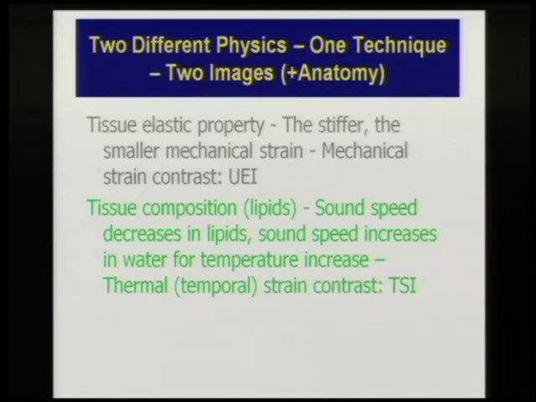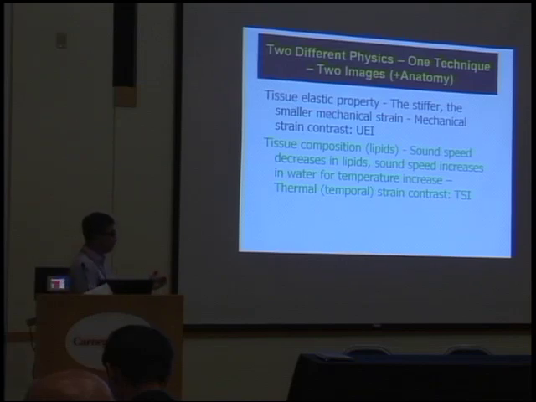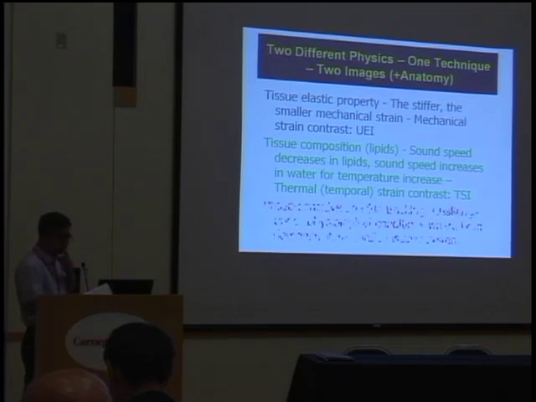As sound speed changes, there is a variation of propagation distance, appearing either closer or farther away, which may generate some strain. It has nothing to do with mechanical strain, but it appears as a strain that we call temporal strain or thermal strain.